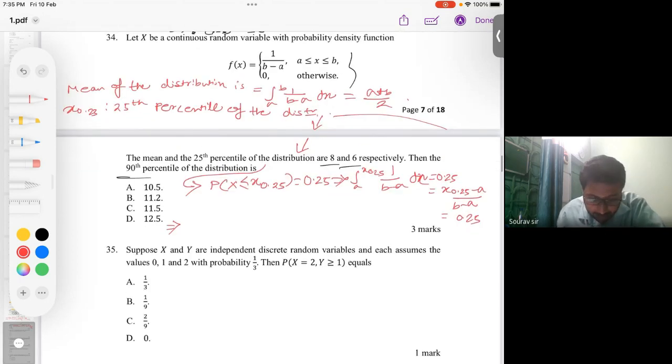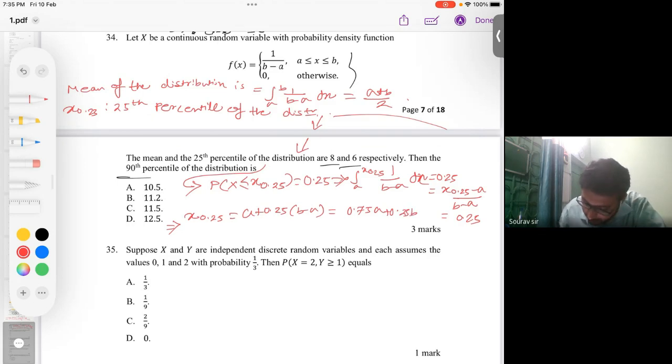If we write it again, it implies x 0.25 is equal to a plus 0.25 of b minus a, that is equivalent to 0.75 a plus 0.25 b.